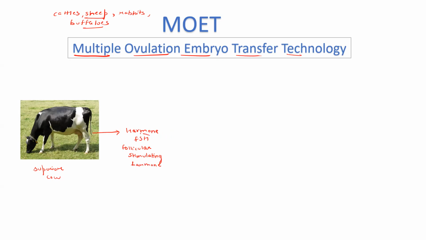Due to this hormone, there will be follicular maturation and superovulation. Superovulation means generally a cow will produce a single egg, but due to this follicle stimulating hormone, there will be superovulation, and now she will produce 6 to 8 eggs.